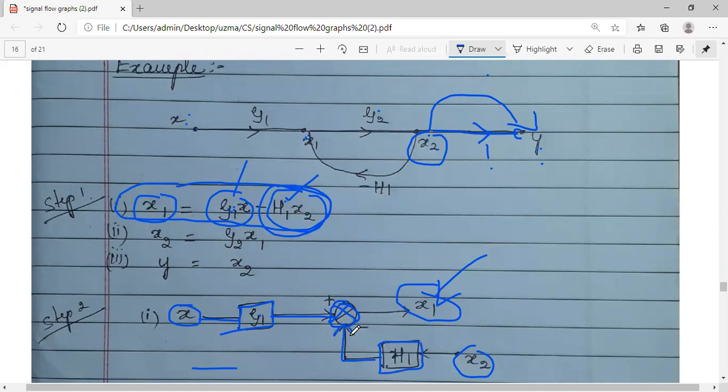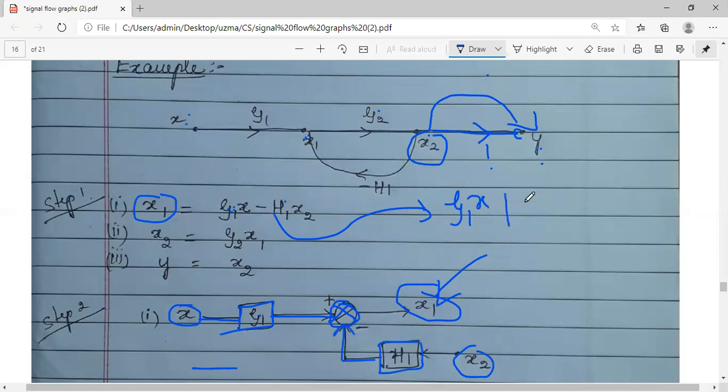Connect it to this summing point. But here in the equation, observe you don't have plus. This equation is nothing but, how can you write this? Rearrange the equation: G1x plus minus h1 into x2. Okay, it is something like this.